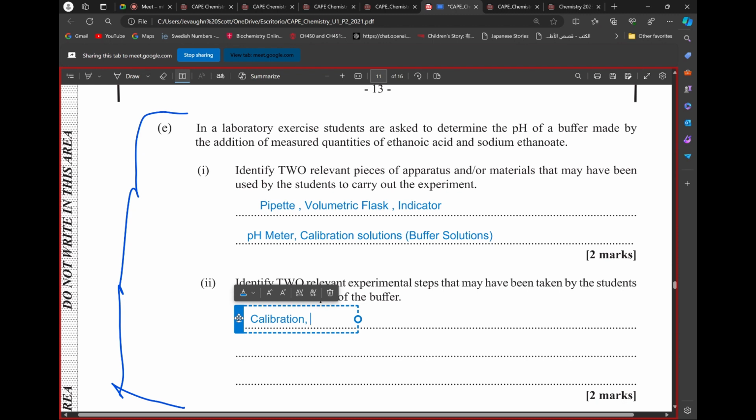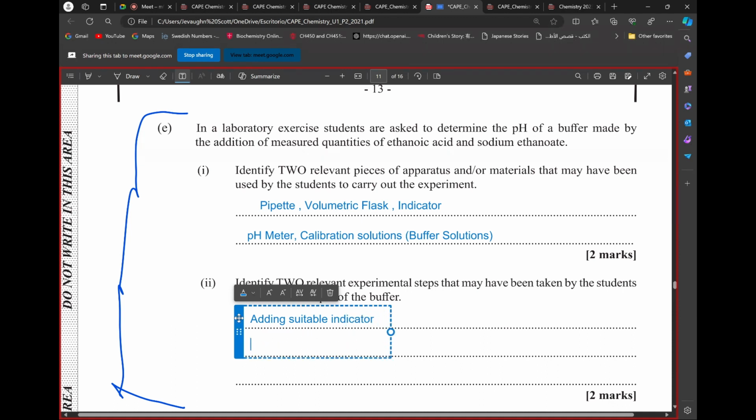Okay, you could use titration with the pH meter. Alright, so if you're doing a titration, then what are the two experimental steps that you would use? Doing a titration, since that is what is familiar, go ahead. Sir, adding indicator. So adding a suitable indicator. So what else?